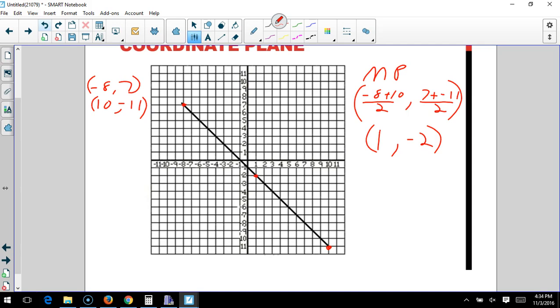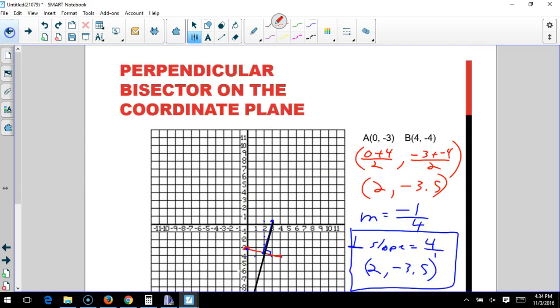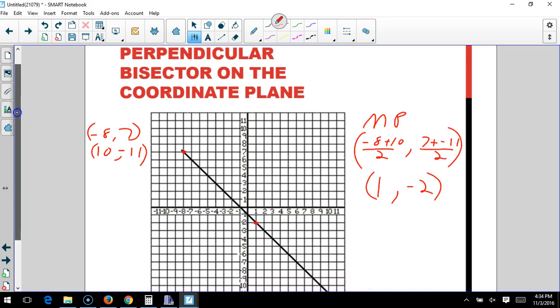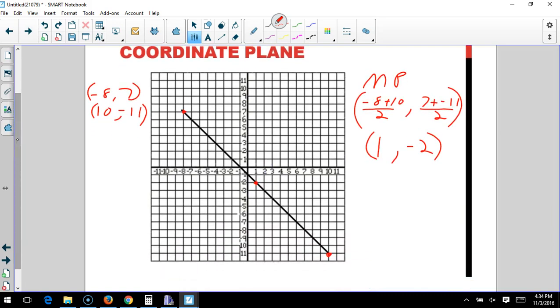I have found the midpoint. What's my next step? Let's go back and look. After you find the midpoint, find the slope of the line segment given. Okay? Well, if you look at this, start at a point and you go down 1, right 1, down 1, right 1, down 1, right 1. This line has a slope of negative 1.